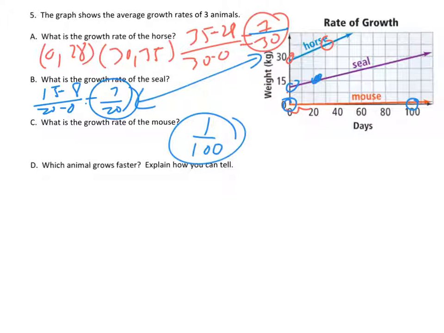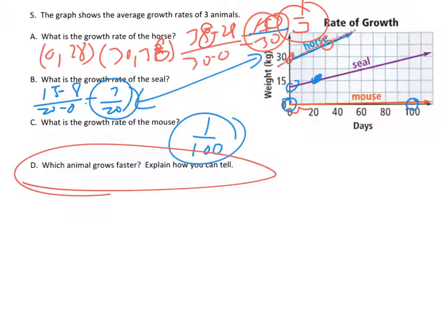So I'm looking at it. My math didn't make sense there. So 38. So I'm going to have 10/30, or 1/3. There we go. Versus 7/20. 7 divided by 20. So it's again, a little bit of a difference there. But again, how do you know which one grows faster? Steeper slope.